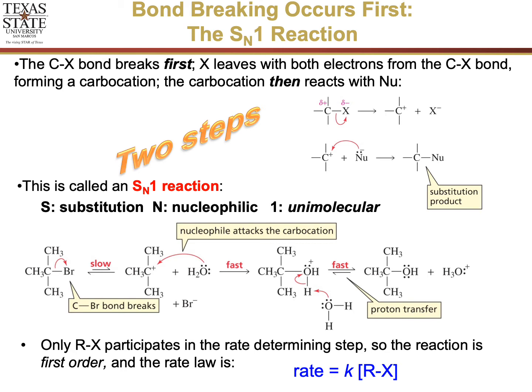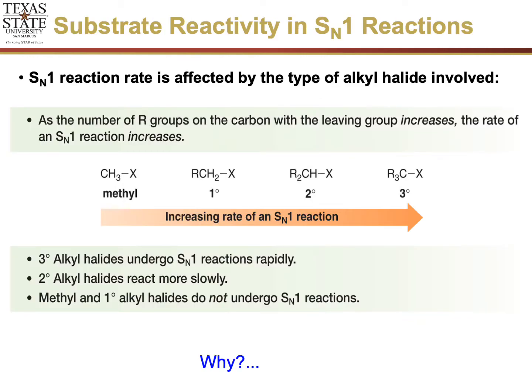Both the attack by the nucleophile and the deprotonation step are fast steps. Therefore, the only thing that determines the rate of the reaction is the concentration of the alkyl halide, since the alkyl halide has to break all by itself first before anything else happens. Because the SN1 is only affected by the carbocation, we have to think about the stability of the carbocation.